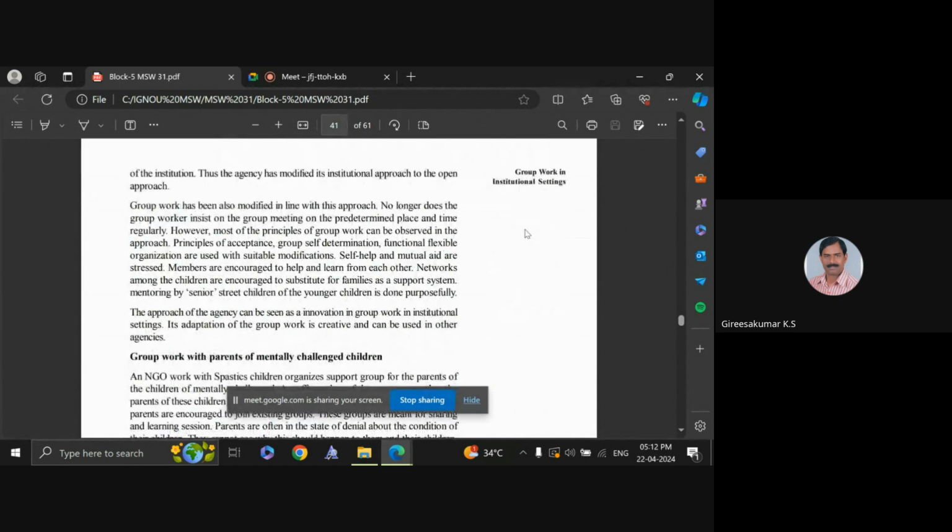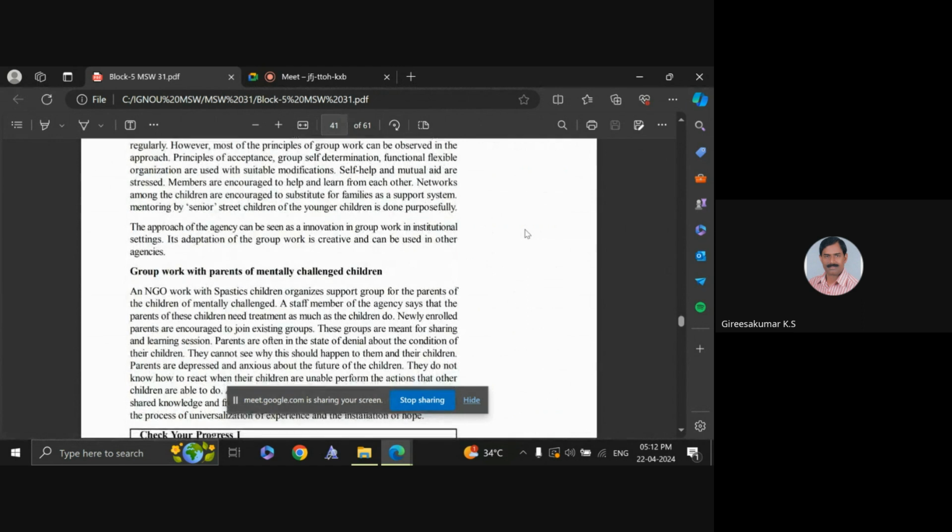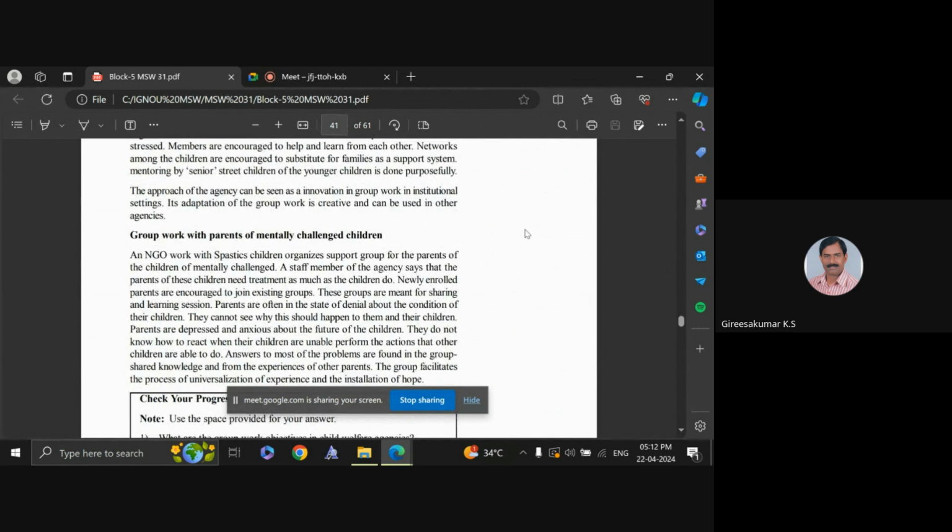Then there is group work with the parents of mentally challenged children, because in the case of mentally challenged children, parents play a vital role. Their patience is to be appreciated.